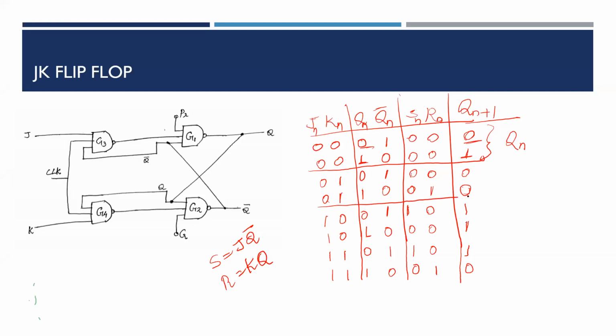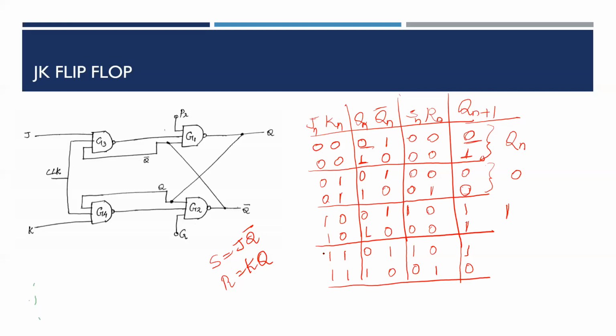Now let's consider the next two rows where J equal to 0, K equal to 1. At that time, our output was equal to 0. Now let's consider the next two rows where J1, K0. For both the rows, J equal to 1 and K equal to 0. So we got the output as 1.